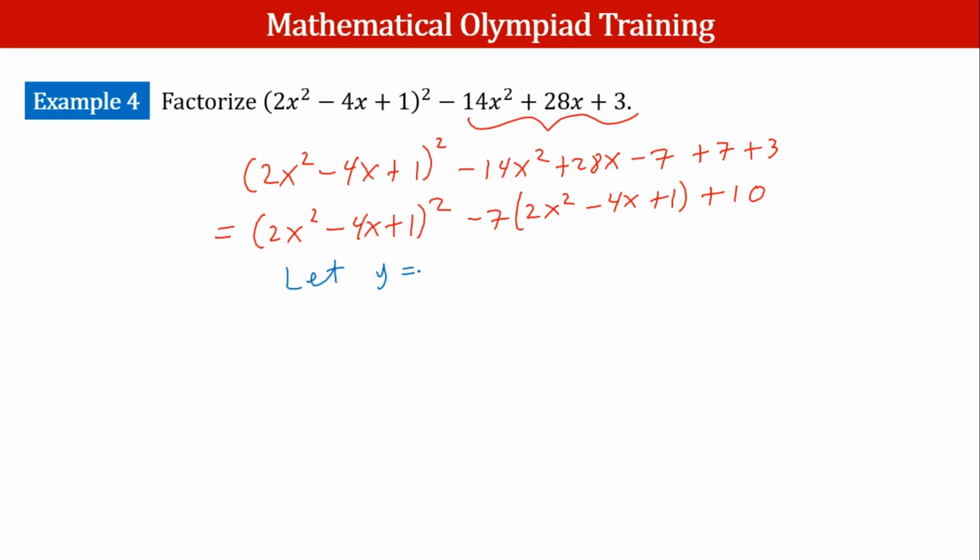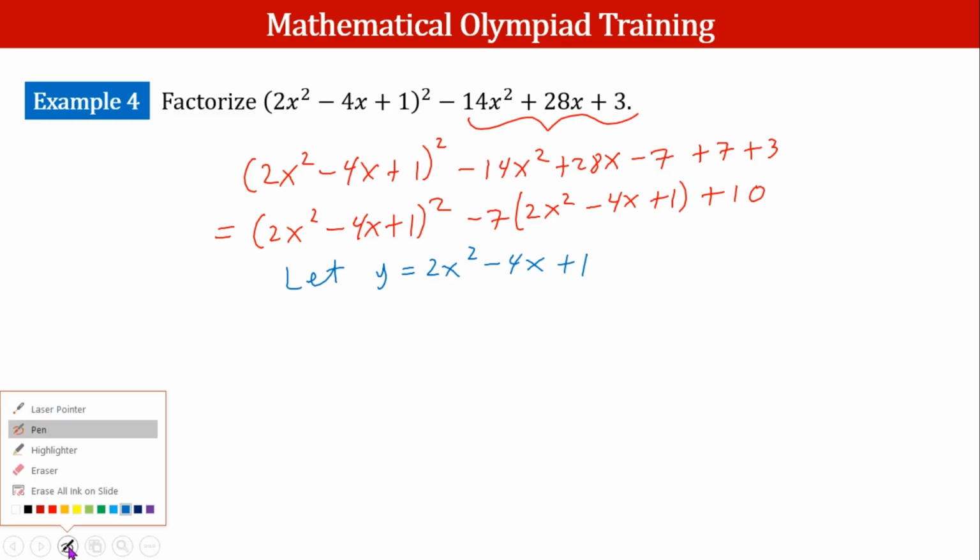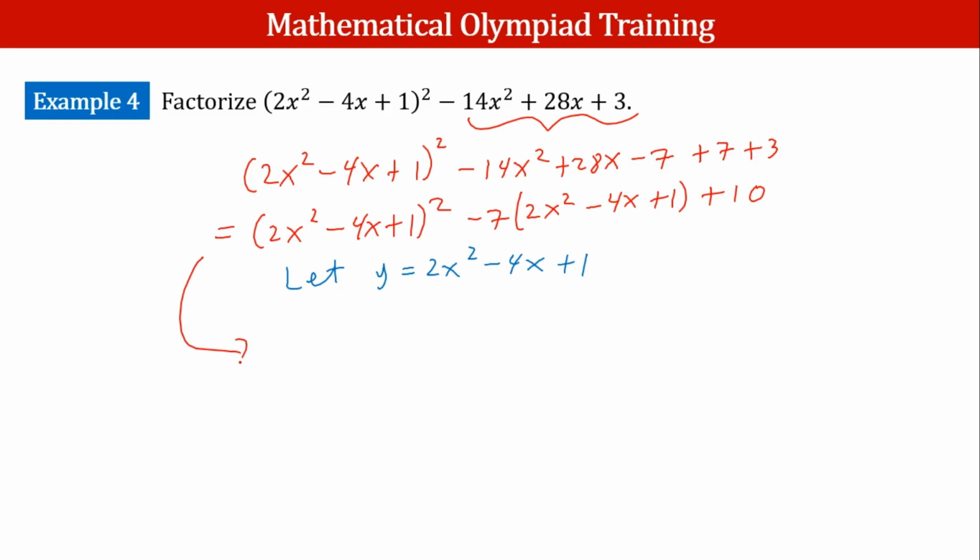So we can let y equals 2x squared minus 4x plus 1. Alright, so we have what? y squared minus 7y plus 10. Now it's obvious that this one is factorable. This is the same as y minus 2 times y minus 5.